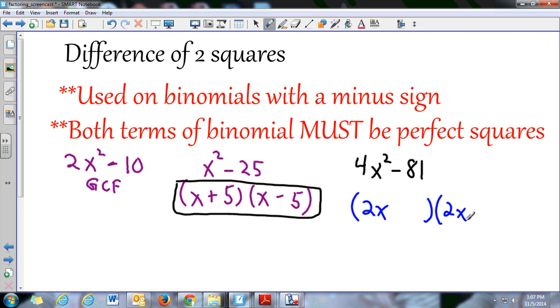So 2x and 2x. Square root of 81, I know that's 9 times 9. And then one minus sign and one plus sign. Does it matter what order they go in terms of your plus and minus? Nope. If you want to have 2x plus 9 and 2x minus 9 after that, that's fine.